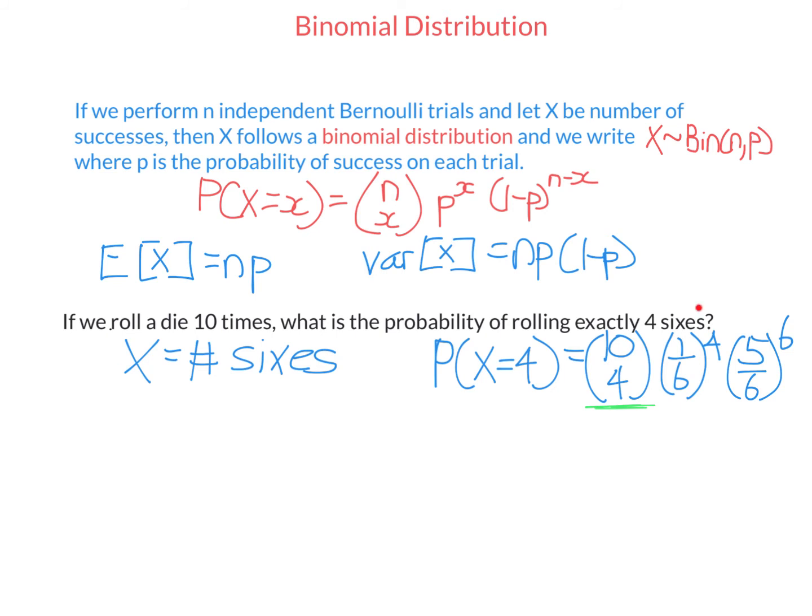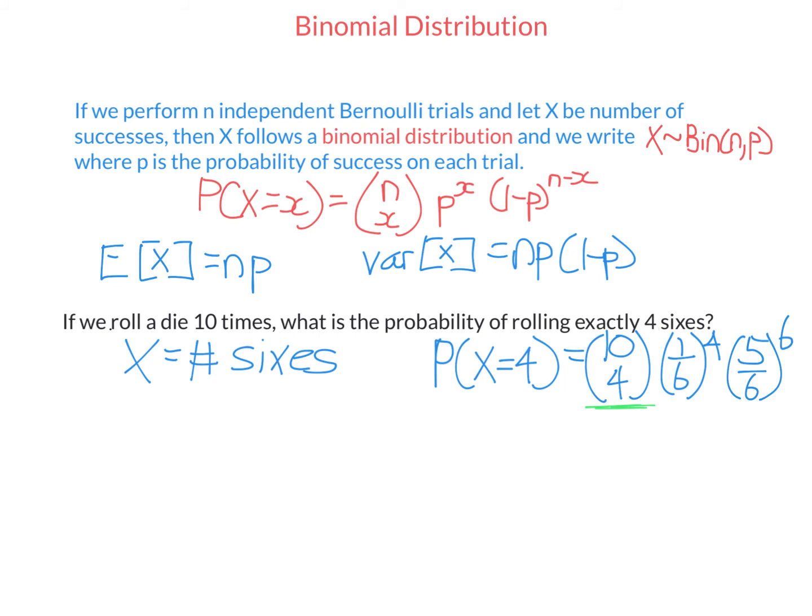Each combination is something like, getting 4 6s in a row, then getting 6 not 6s. That's one combination. Another combination is I could get 2 6s, 6 not 6s, and then 2 more 6s. This is just the number of ways that it can happen. The number of different outcomes where I can get 4 6s and 6 not 6s.